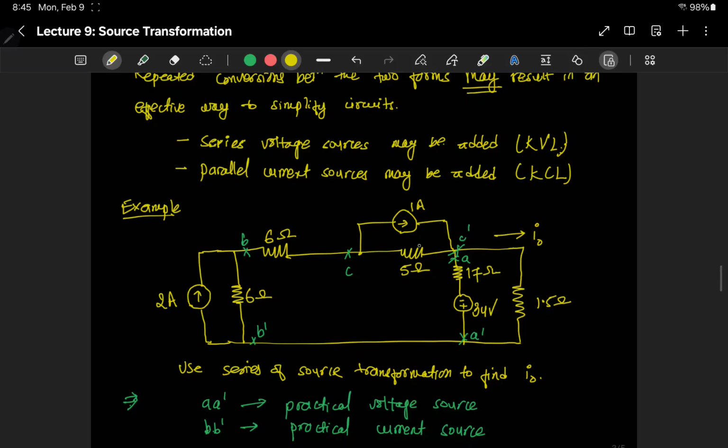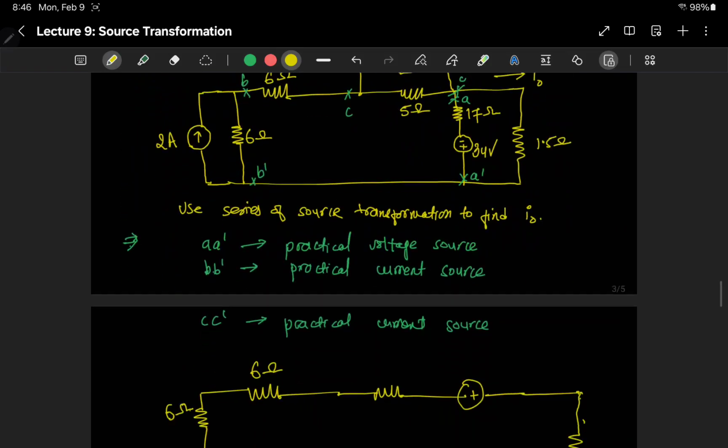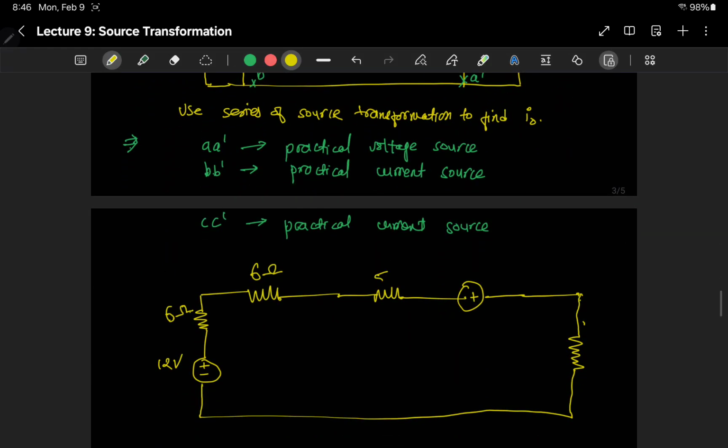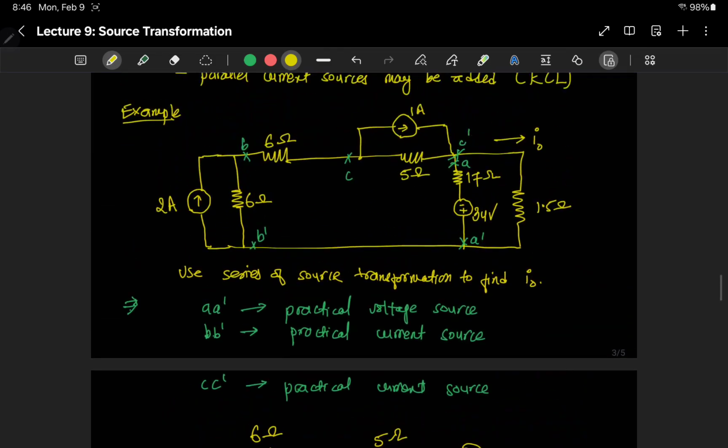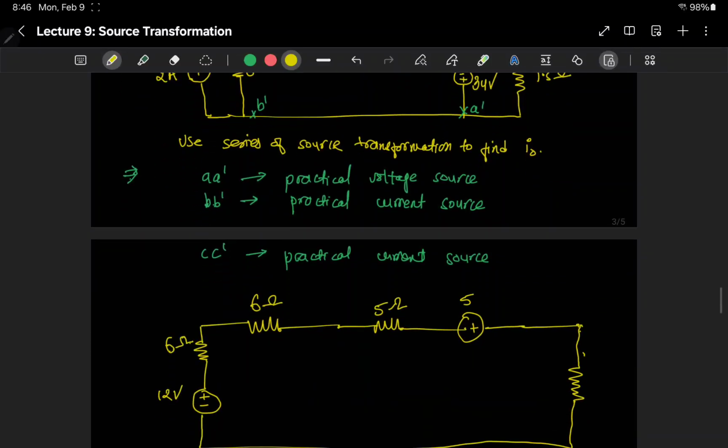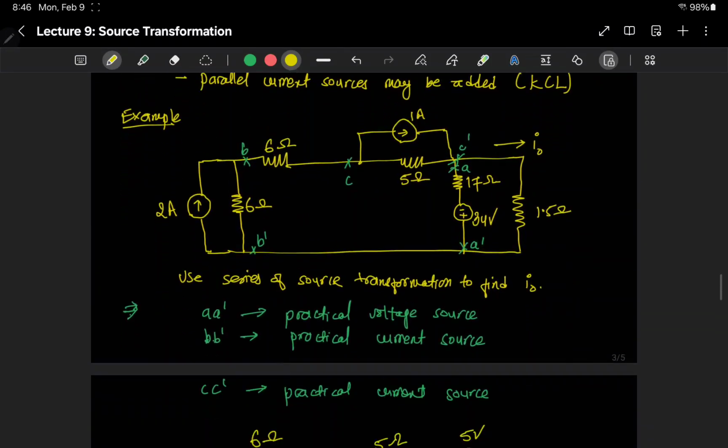Similarly, this resistor Rs for the current source will be the same for the voltage source, which is 5 ohm. This voltage is then the product of this and this, Is times Rs. 1 times 5 is 5 volts, and I should not have done this polarity, but I already did it.